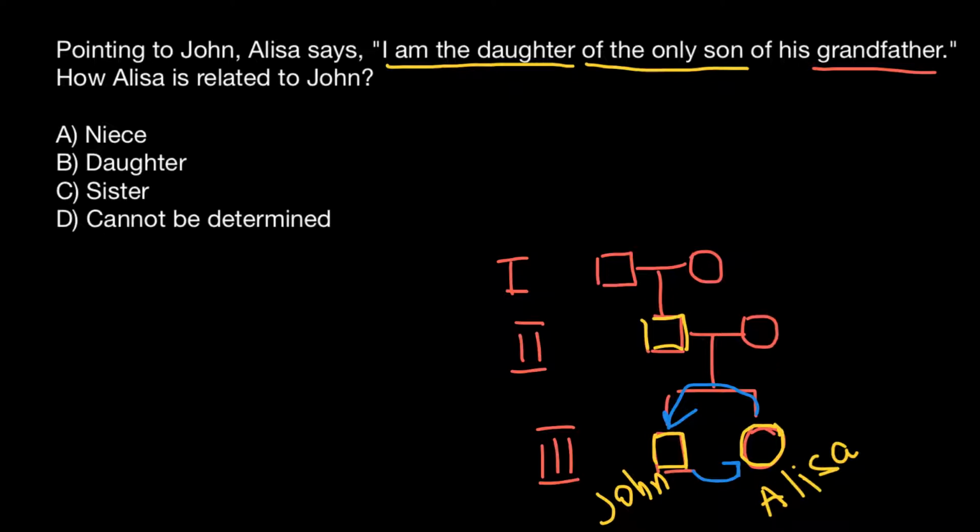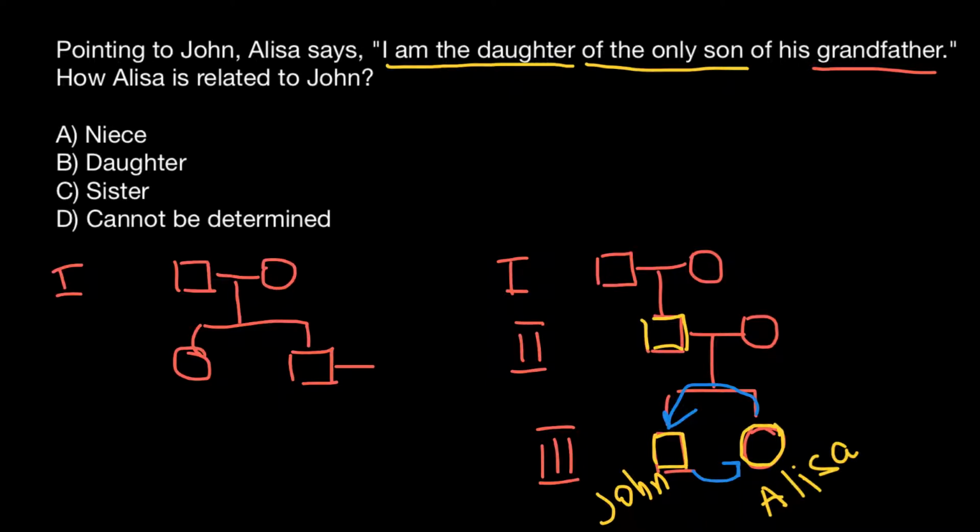Another variant of the pedigree is also possible. Take a look. Imagine that again we have a couple here. This is generation number 1, and this couple would have 2 children, a boy and a girl.